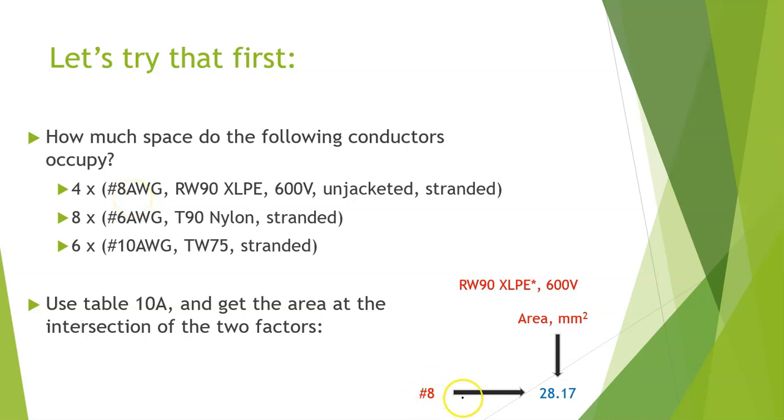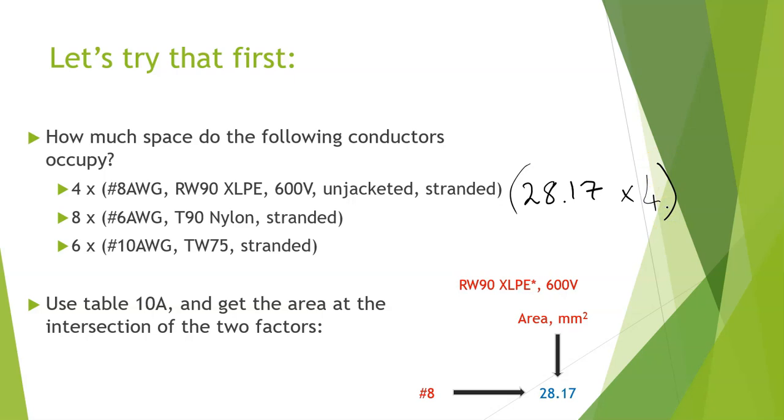So we go across at number 8, intersecting with RW90 XLPE 600 volt unjacketed, and we get a cross-sectional area of 28.17 for that particular type of wire. So I'll go and write this in here, 28.17, and that is obviously going to be multiplied by the 4 conductors of that size that I have going into that raceway.